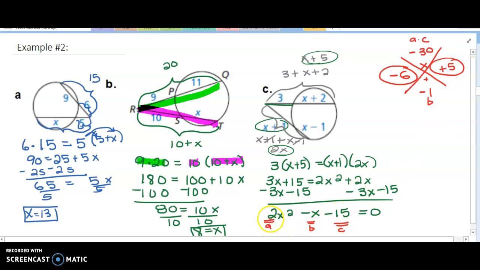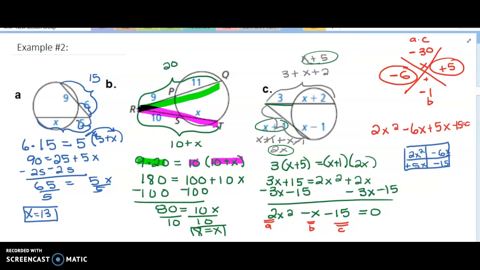Okay, so we're going to change this equation, 2x squared minus x minus 15, to 4 terms. So 2x squared minus 6x plus 5x minus 15 equals 0. Hopefully you're kind of sort of remembering this. Okay, the reason we do that is because now it fits in a box. So 2x squared minus 6x plus 5x minus 15.